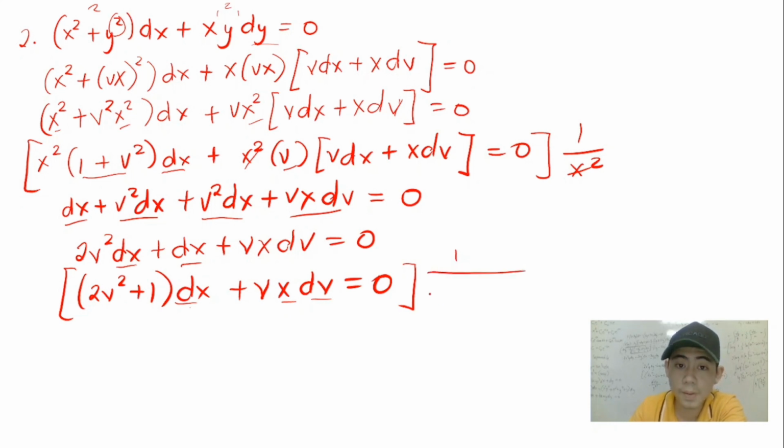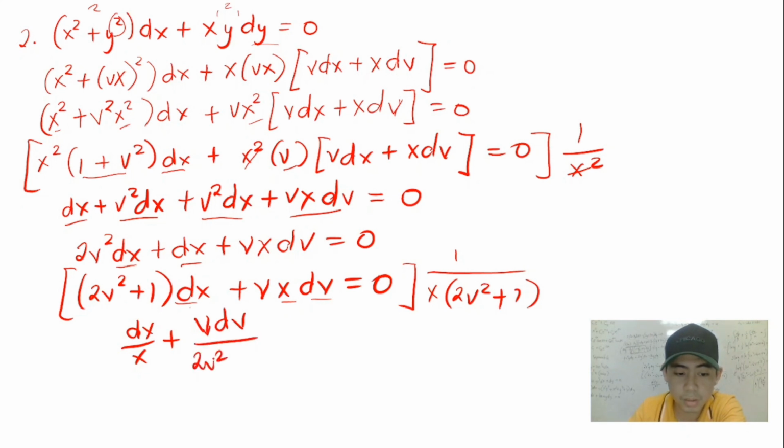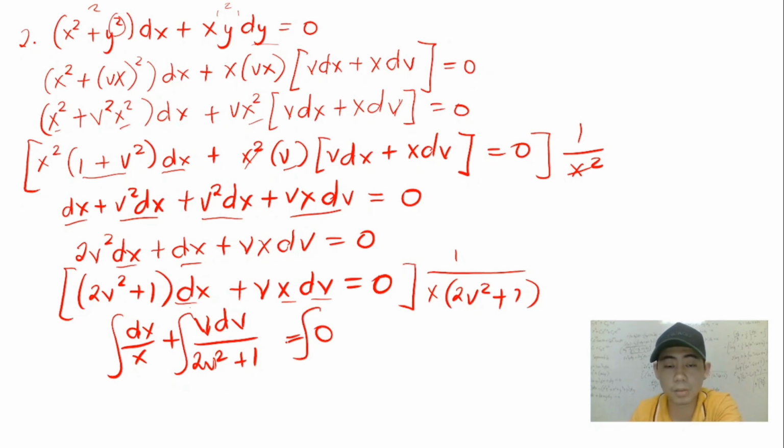So how? Divide the whole equation again by x times 2v squared plus 1. So, dx over x plus v dv over 2v squared plus 1 is equal to 0. So you need to integrate. That's the time that you need to use integral calculus.